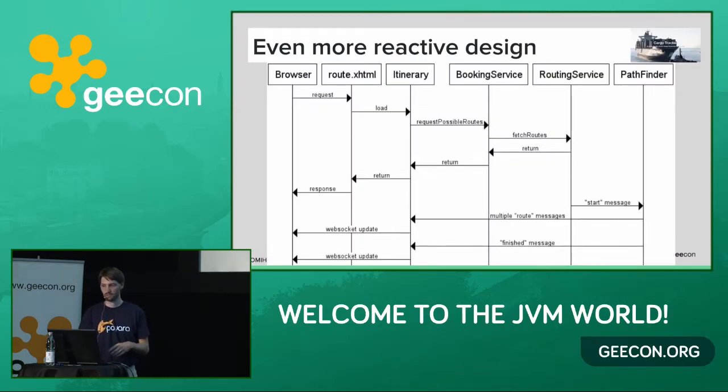So now the diagram of our application changed a bit. At the bottom, we no longer want to wait for all the data computed, but we send a message and forget. We will again return what we have, but then the Pathfinder component computes the data, and for every root candidate it sends a message. So we receive multiple root messages.